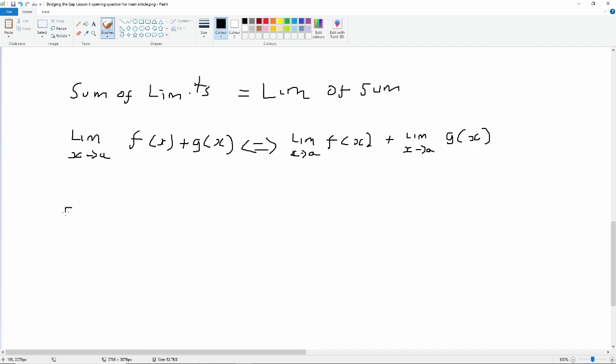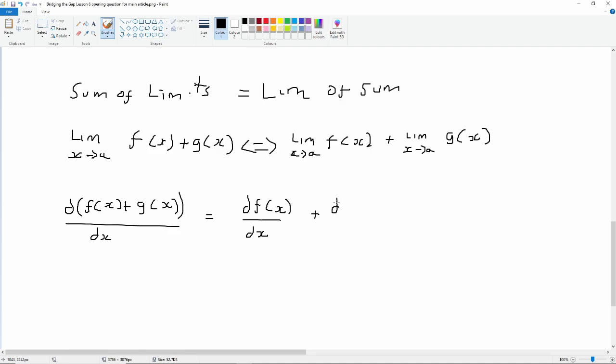So that means that the derivative of f of x plus g of x with respect to x, I'm mixing both terms now, which we can do, is equal to the derivative of f of x by dx, which we know is also f prime of x, plus the derivative of g of x by dx, which of course is equal to f prime of x plus g prime of x.